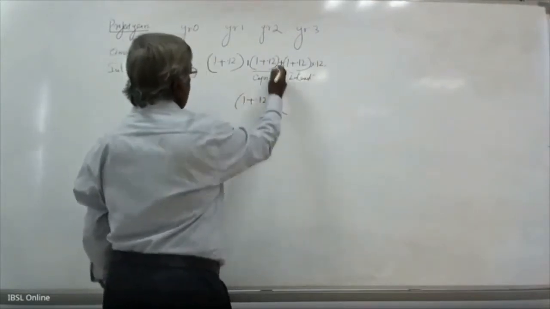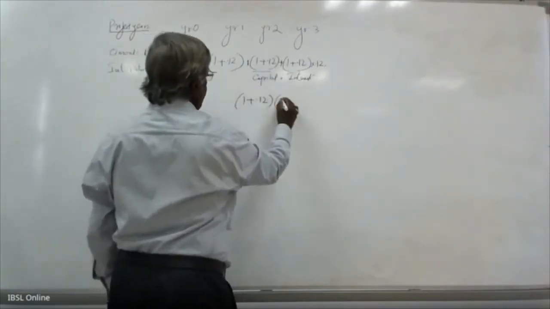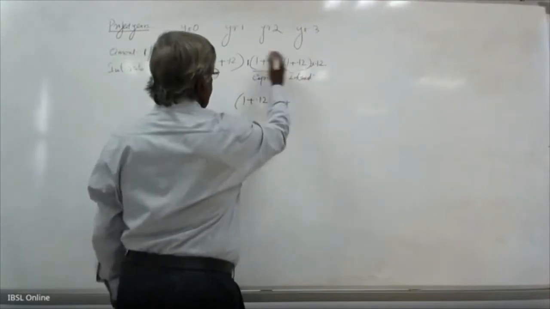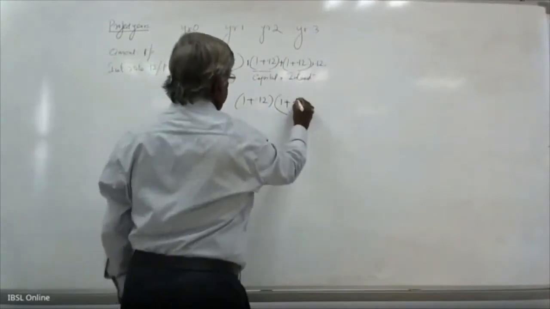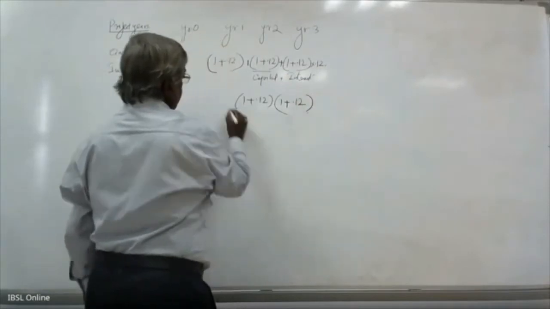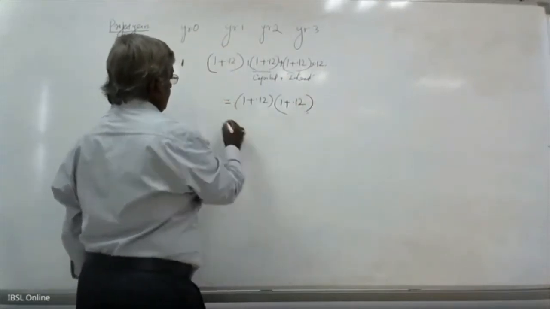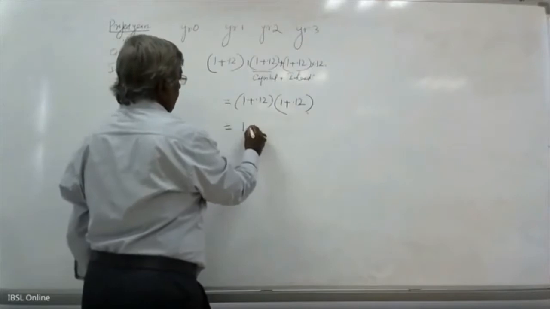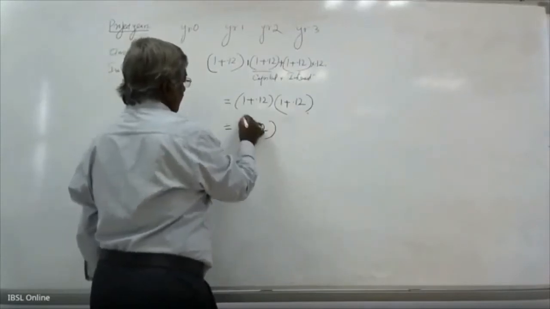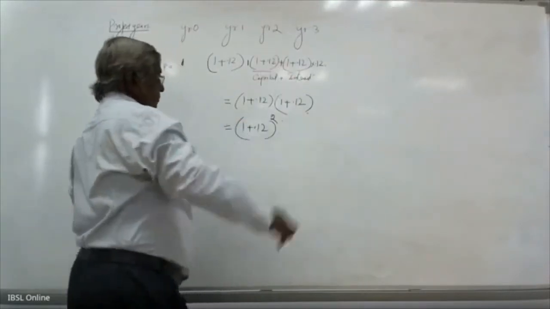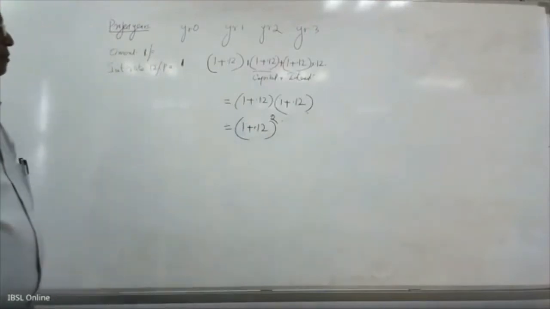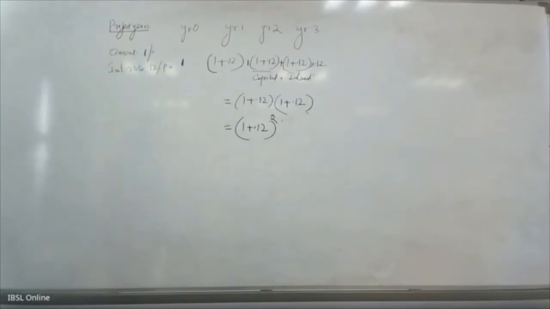When you take it out, here the 1 remains, plus 0.12 remains. So this will be equal to 1 plus 0.12 to the power 2. This is in the year 2.